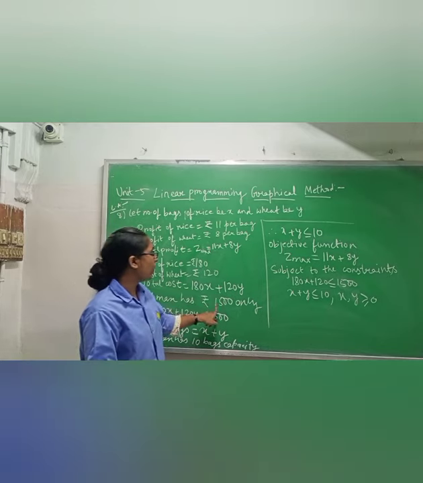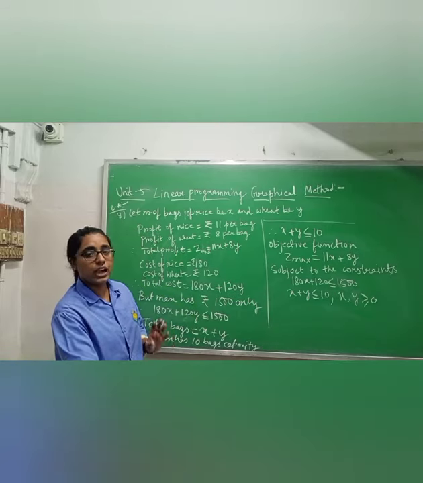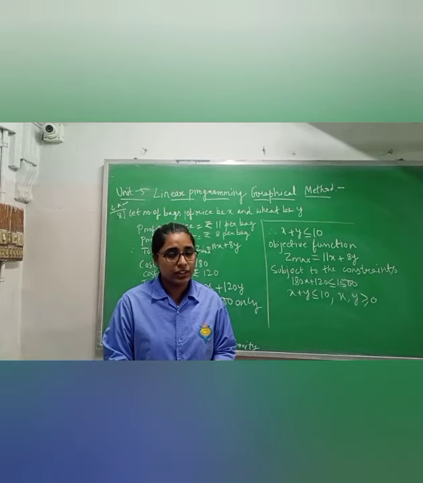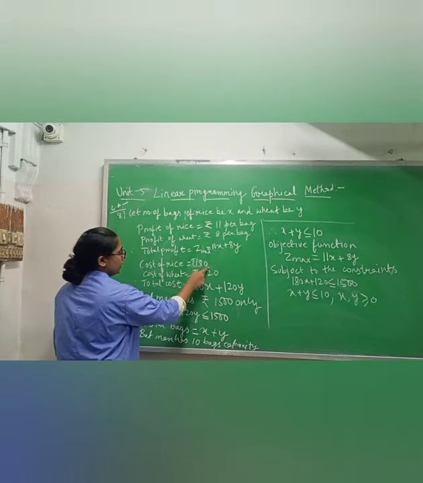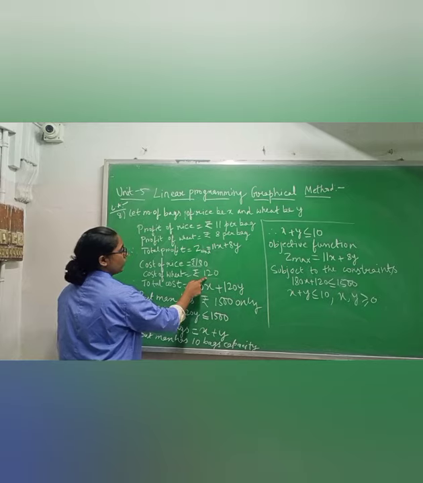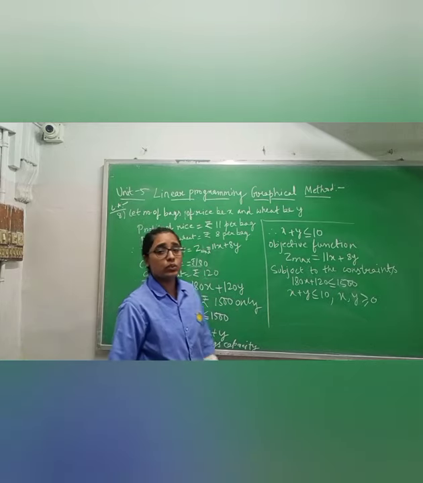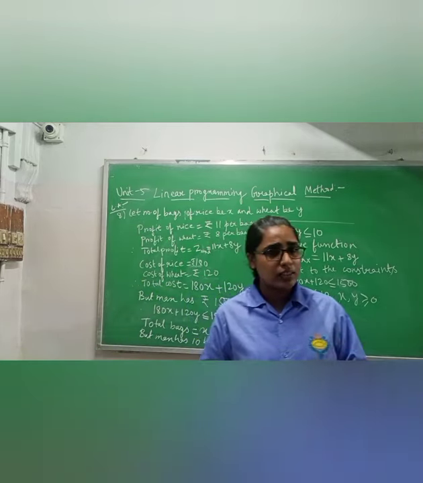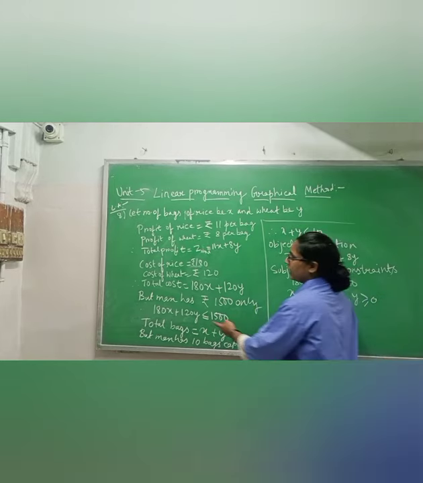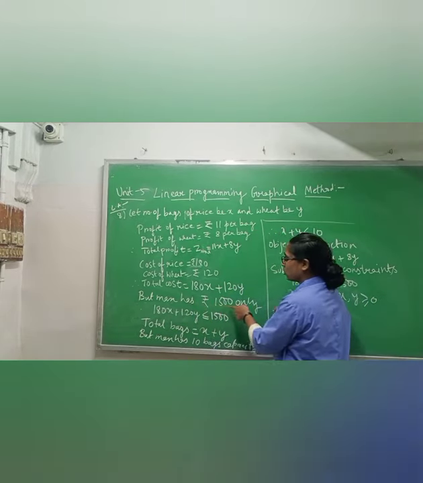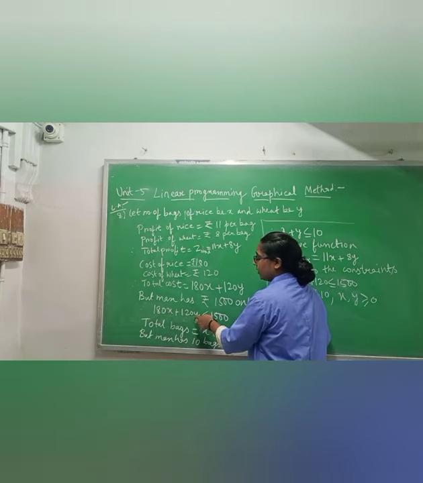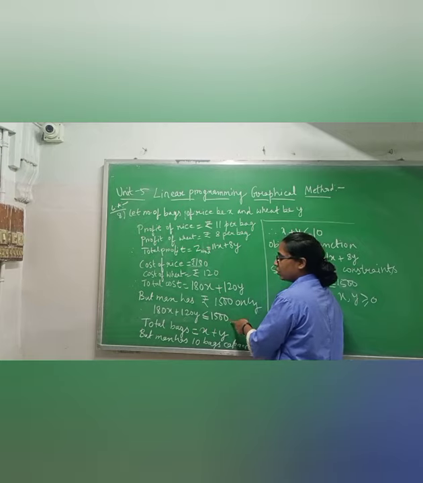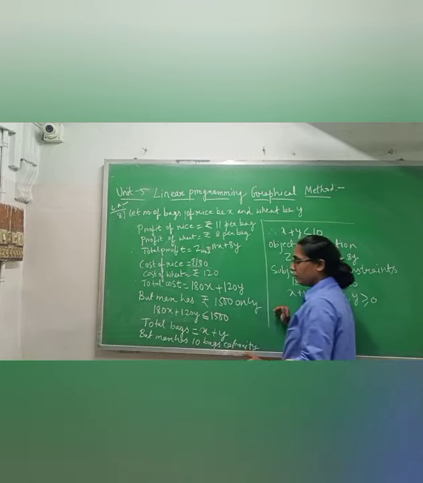But the man has rupees 1,500 only, so he will not be able to use more than 1,500. That is why I have written, but the man has rupees 1,500 only. Therefore, 180x plus 120y is less than or equal to 1,500. He will not be able to use more than this money because he has a limit for money.